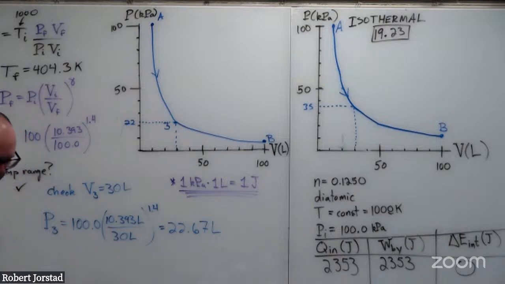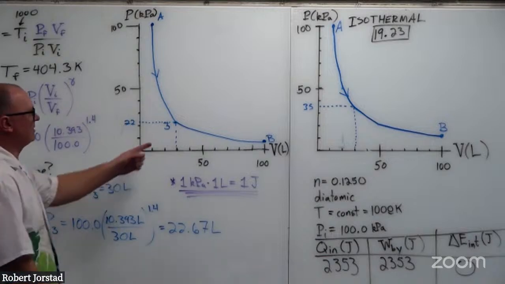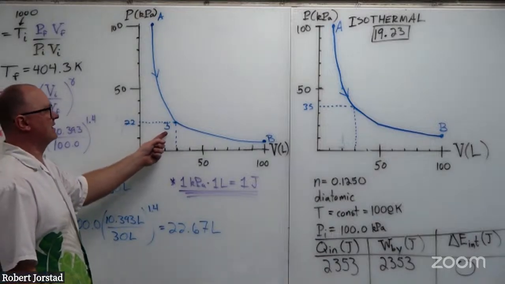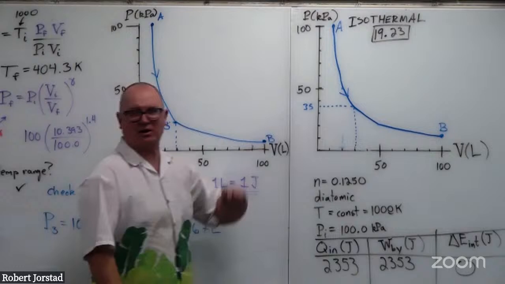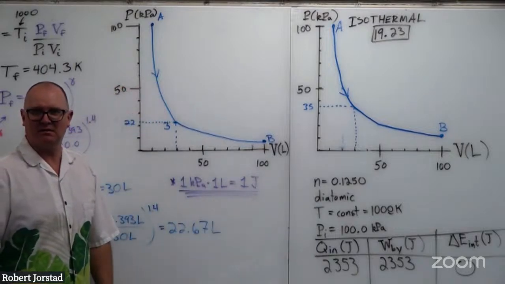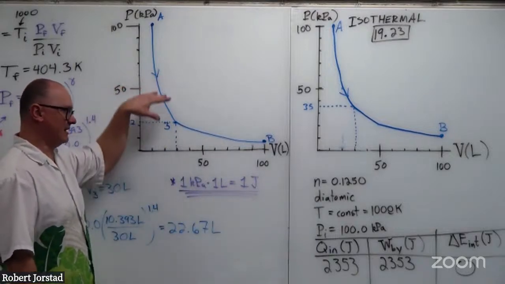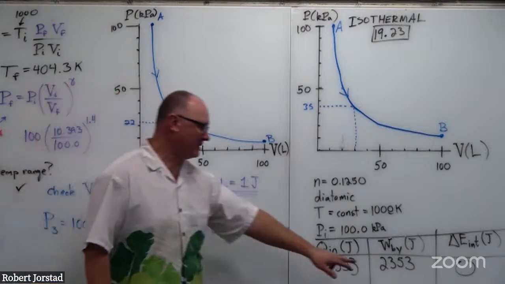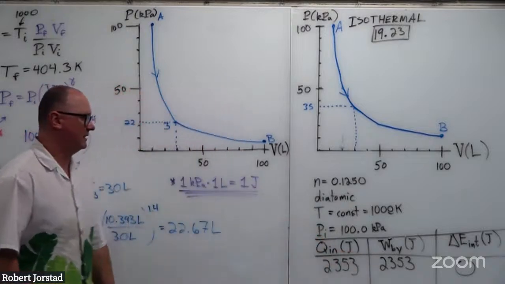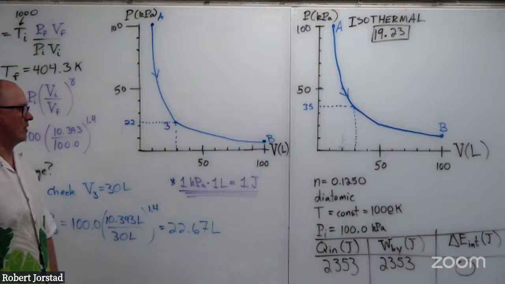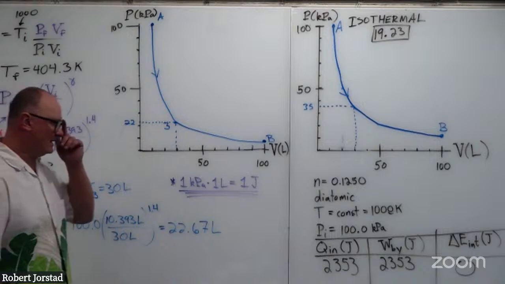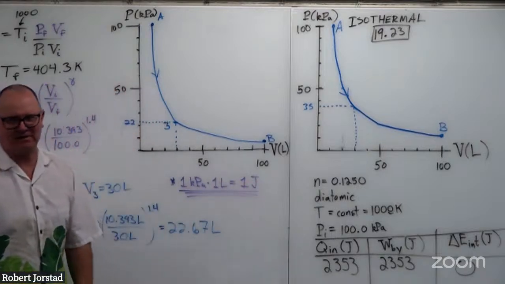Well, maybe before we can guess. What do you think should be true about the work done by this process compared to the work done by that process? This one has less area, it's lower. We expect the work done by should be less than 2300 here, all right? And so what about Q in? It's 0. What about the change in internal energy?